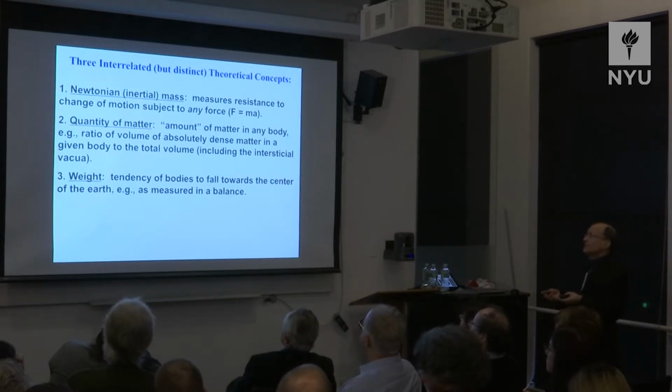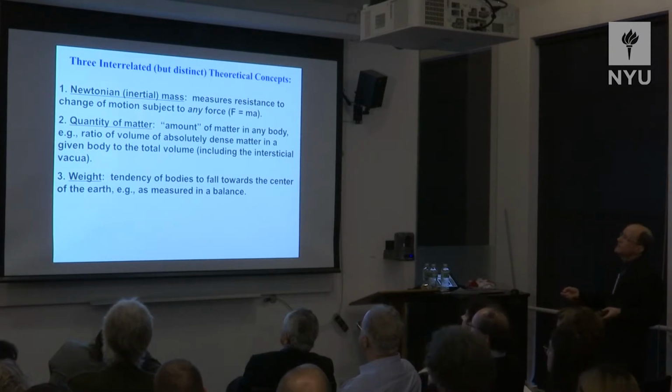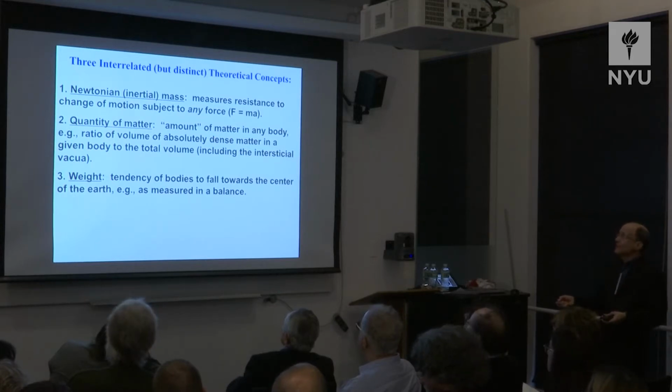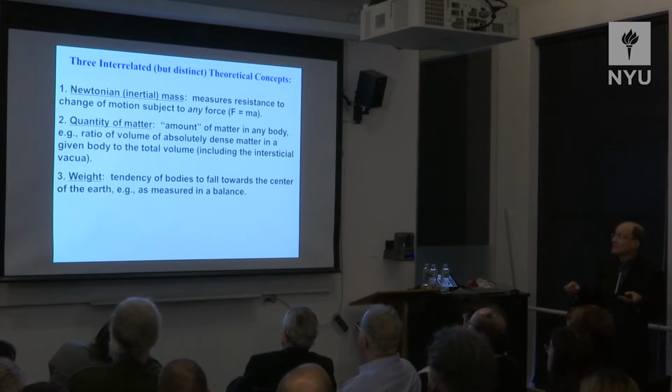And what that's supposed to be is the amount of matter in a body. The difference is that inertial mass has to do with the motion of the body and the possible response of the body to motion relative to various forces. Quantity of matter just has to do with the body itself sitting there, wherever it's sitting in the universe, independently of its motions, independently of forces. Just how much stuff is there?